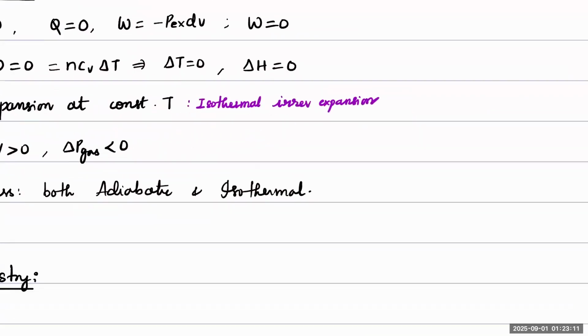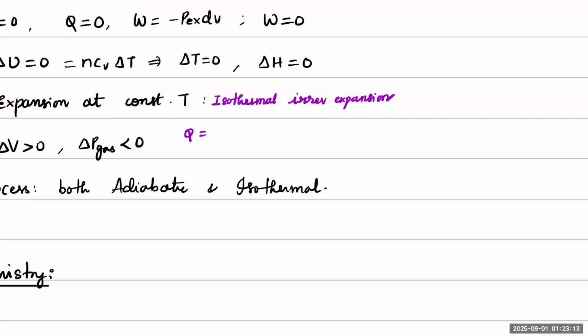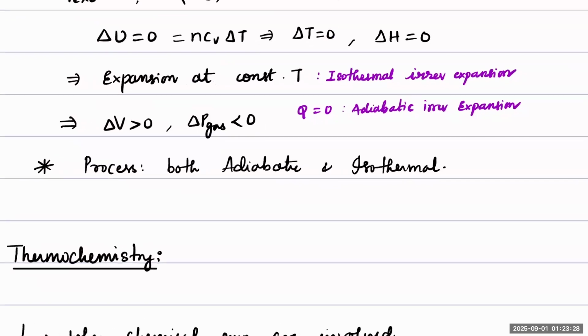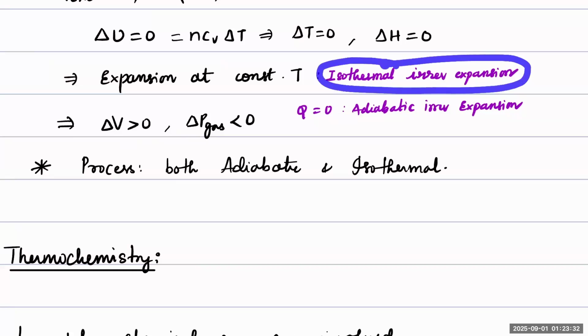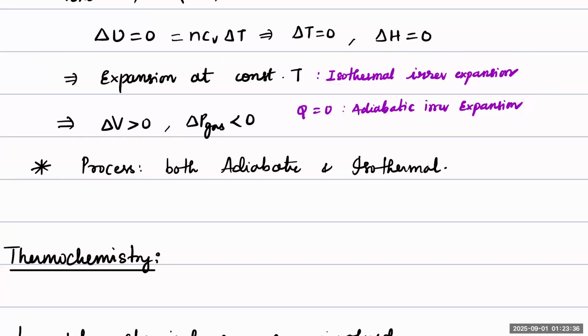But at the same time, I'm also noticing that Q equal to 0 makes it adiabatic. It also becomes an adiabatic irreversible expansion. So have you noticed free expansion is itself a mixture of two processes, which is isothermal irreversible expansion as well as adiabatic irreversible expansion.